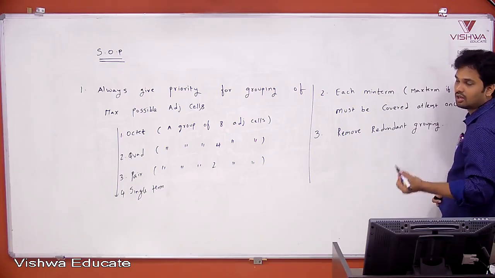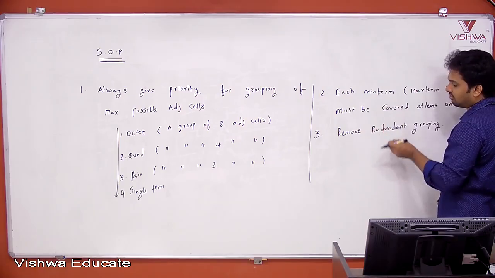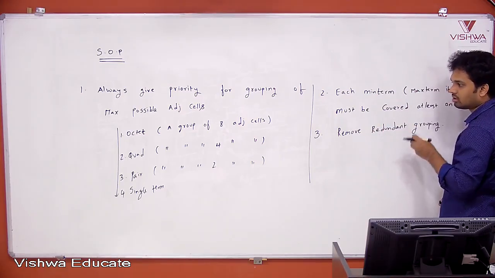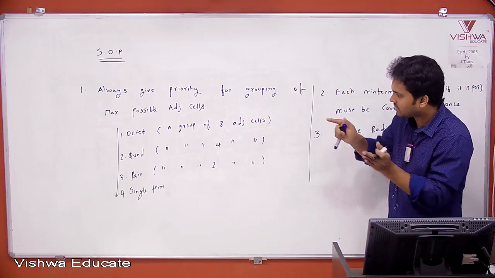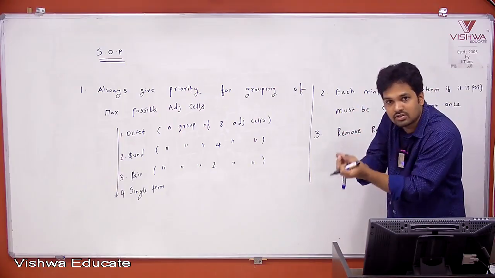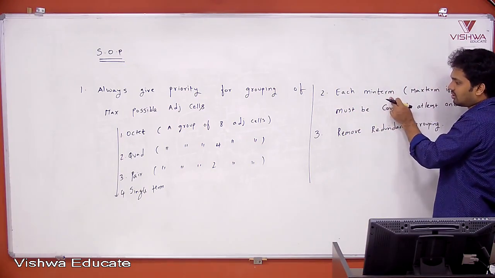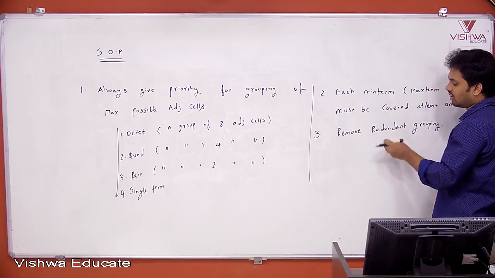If it is already covered and you take extra, it will not give you a minimized answer. What is our ultimate aim in the K-map? We want to minimize the expression. That is the reason we go for combining maximum possible cells; it will always give you a minimized expression. So after checking whether every term is covered, what do we need to do? Remove anything we have covered twice.